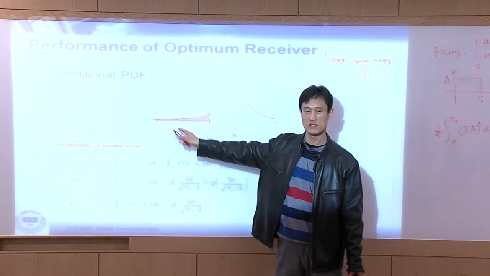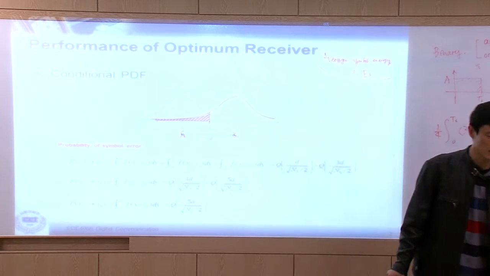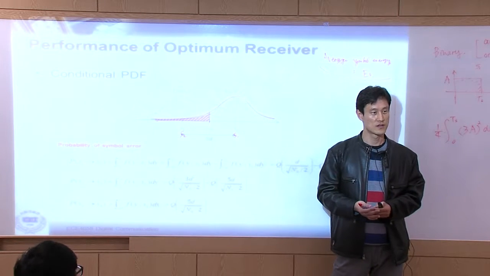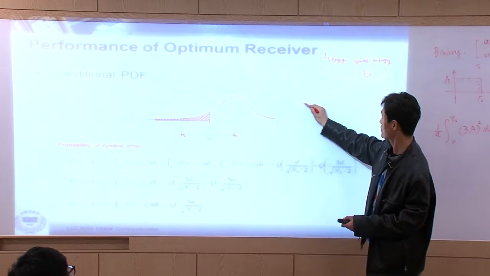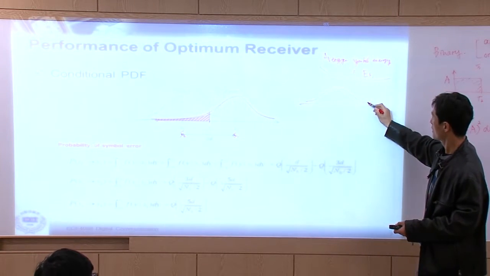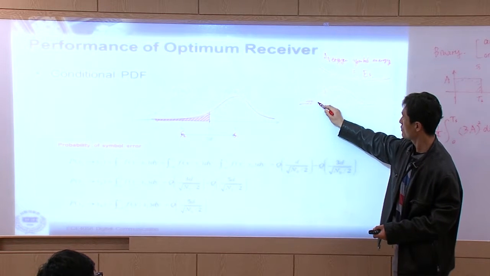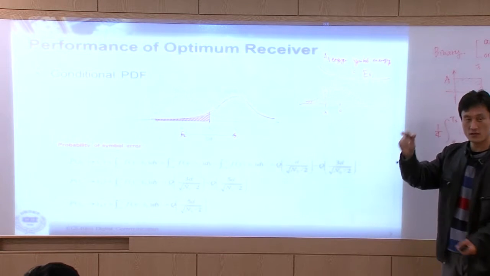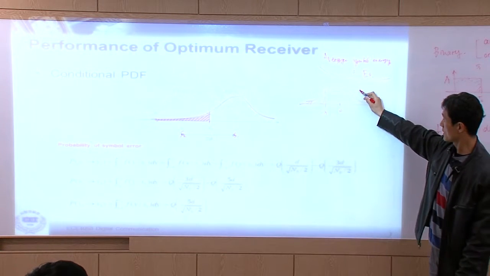So how do you calculate this? This is again Gaussian. So anyway, this is a Q function. Okay? Then let me ask you again. How do you calculate this Gaussian, this area?